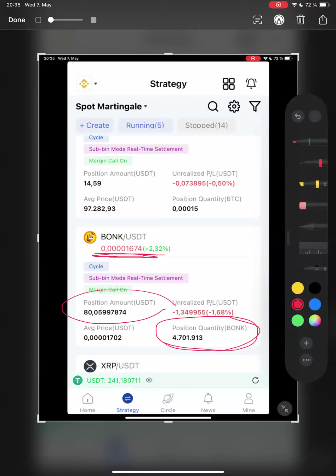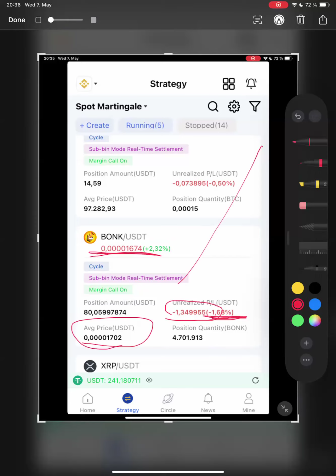So with Bonk, if I go to my Binance, I do not expect to see exactly 80 point blah blah blah. I have to see 79 point something because it has a negative of 1.349, because the coin has gone down by negative 1.68. But once the current price of Bonk goes up and you multiply it by the quantity, you would see that the value, the 80, would also go up.